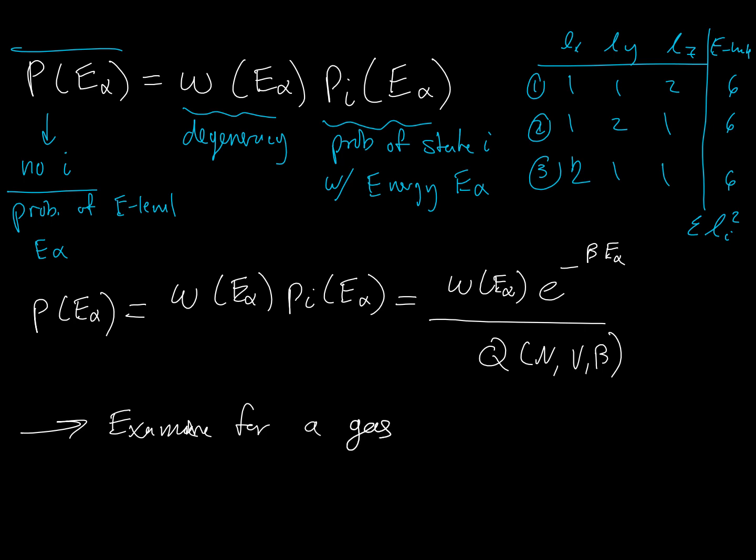So we're going to take a look at how this equation would apply for an ideal gas. Let's assume that we have one helium atom. It can have velocity Vx, Vy, Vz, or momentum Px, Py, Pz.